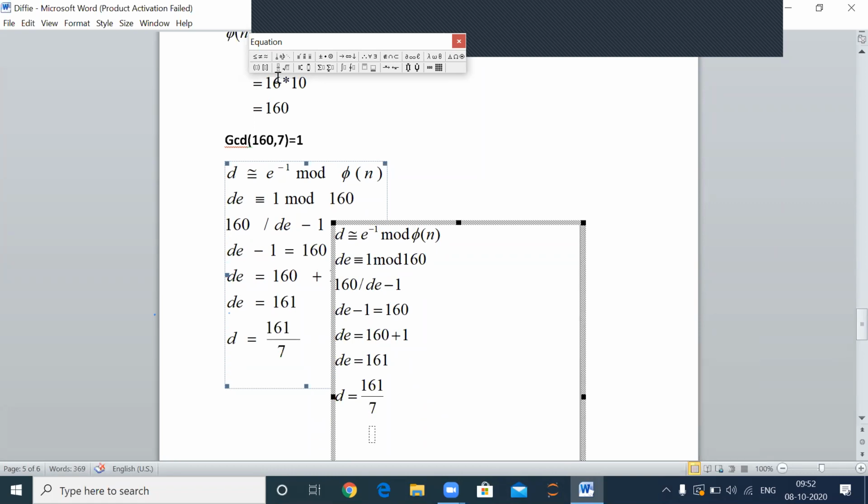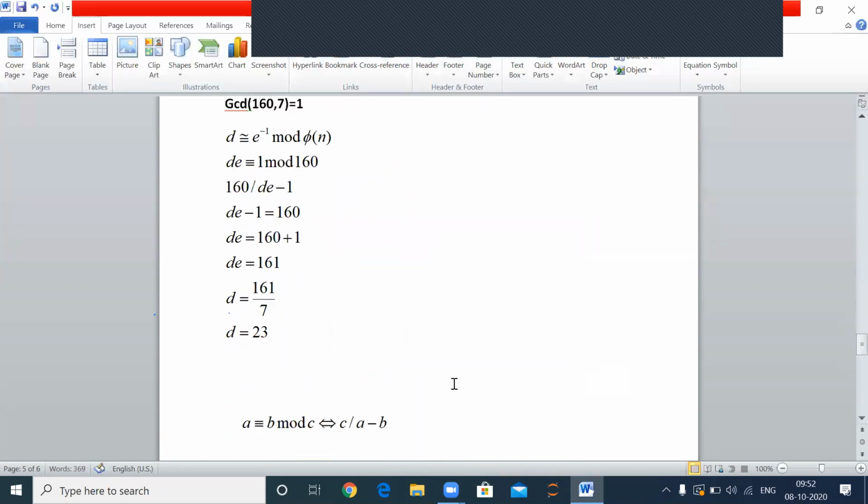What is that? 161 divided by 7. That is d is equal to 23. This is how we are calculating d.